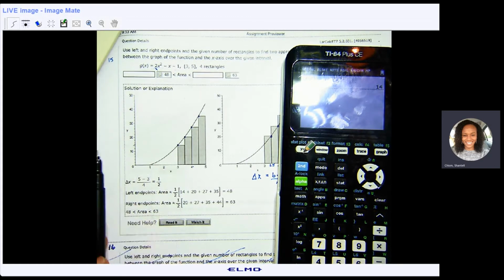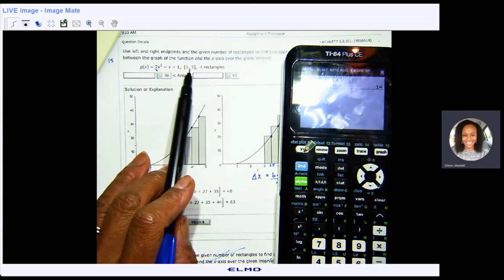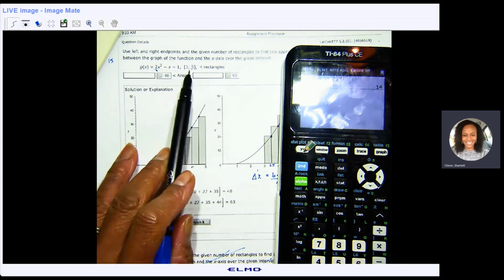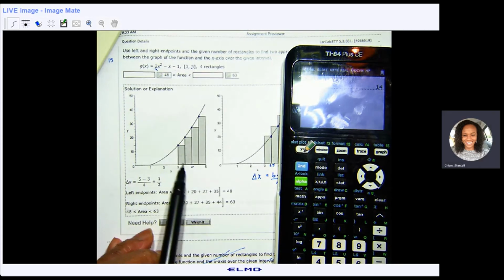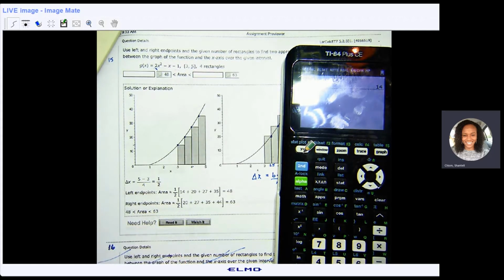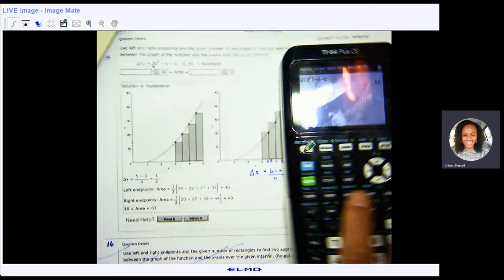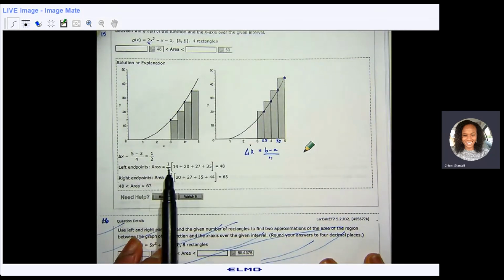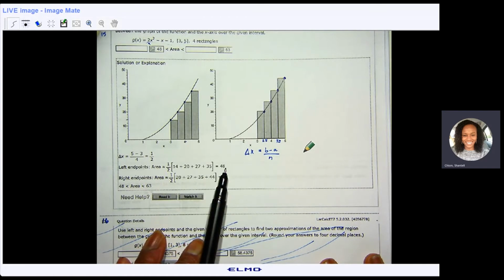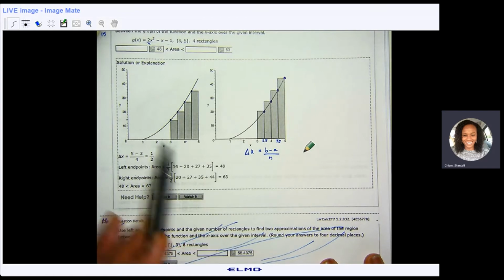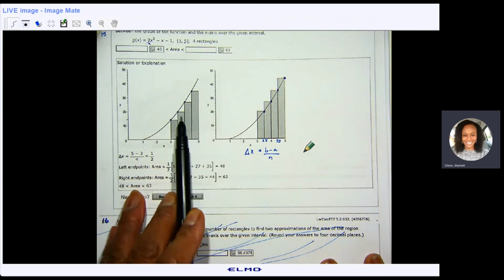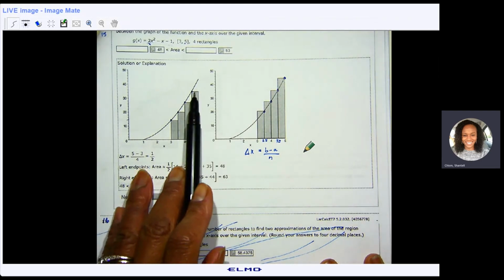Okay? The main thing is you needed to be able to divide this space evenly, basically into 4 rectangles from 3 to 5. And then get your endpoints. So you don't have to have a picture, but you do need to kind of see in your mind what you're working with. Using my left endpoints, I've got an area that's slightly smaller than the actual area of this region because the rectangles don't actually touch all the way to the top of the line.